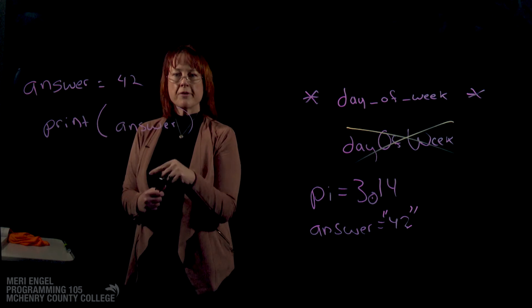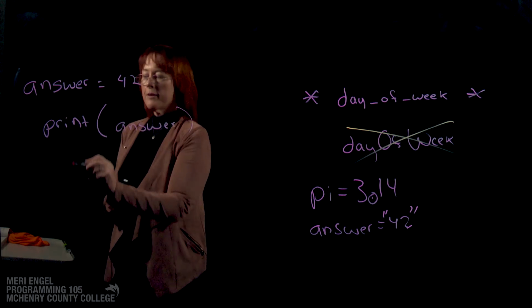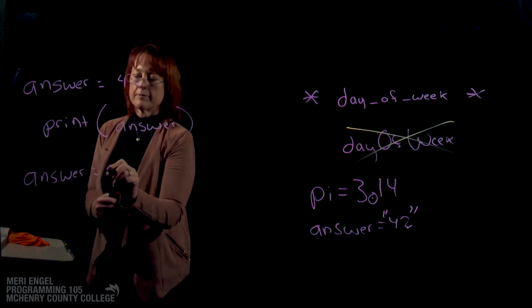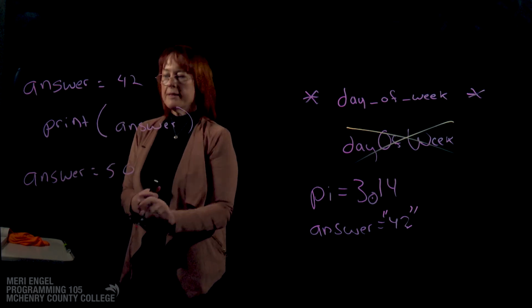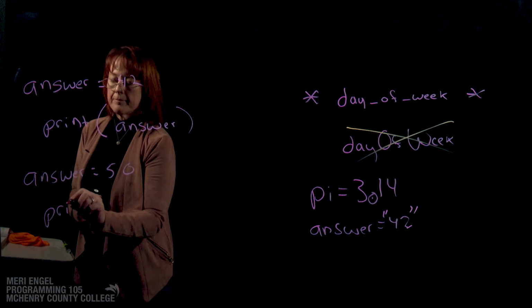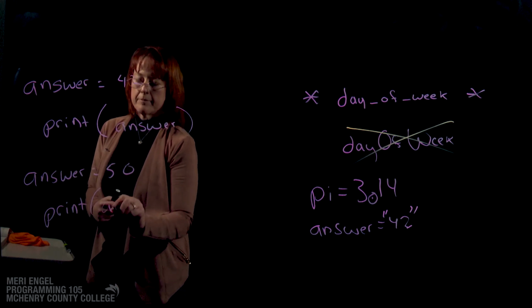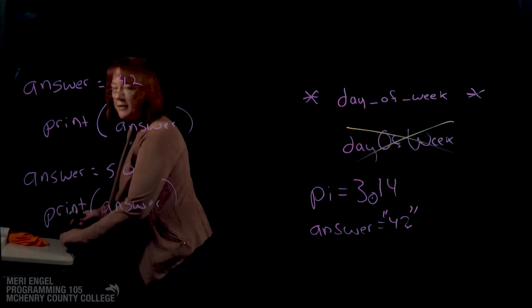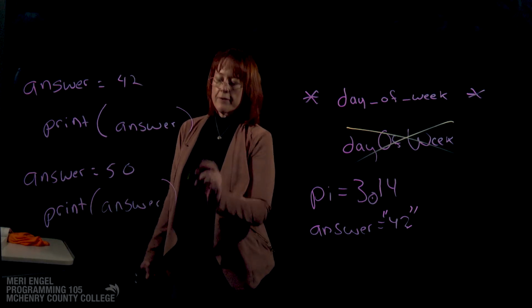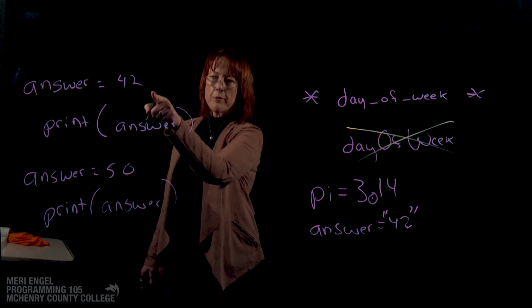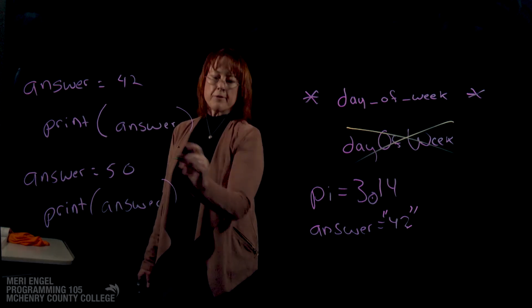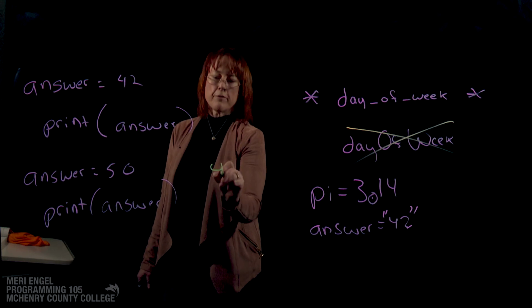We could, if we were to do this again, we can reuse this variable, but if we were to print again, the value in it would change. So what would display on the screen, the first time we ran, when we go to this number, this is assigning it. The next step in the logic is to print it. So it would print 42.